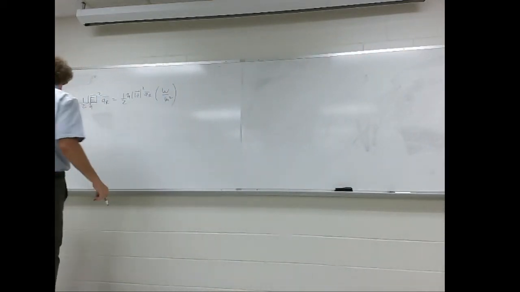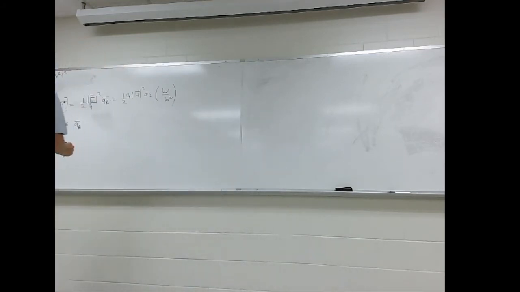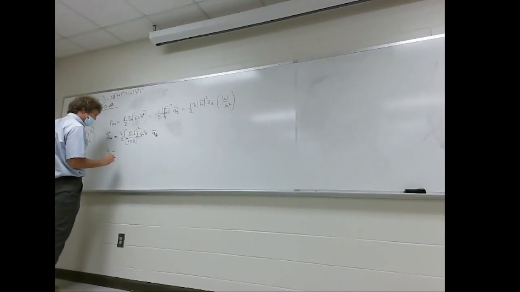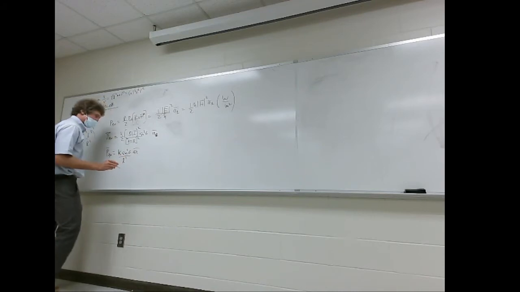Let's try to get this down to a more condensed form. What I'm going to do is say P av here is going to be equal to some constant k times the sine squared of theta in the a_r direction divided by r squared.